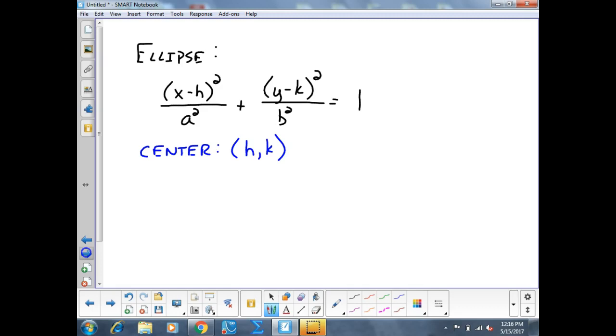We had vertices, right? We had foci. Nope, that's hyperbola.